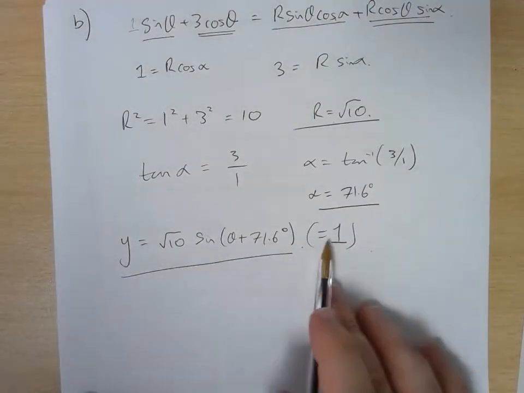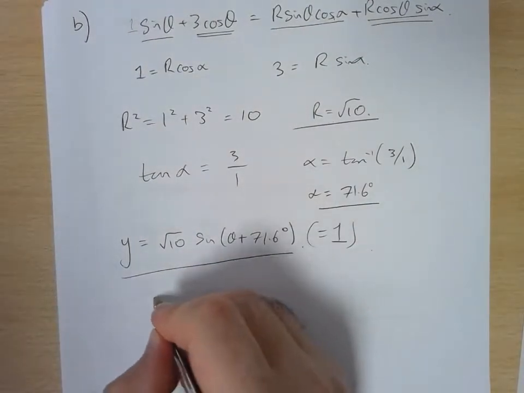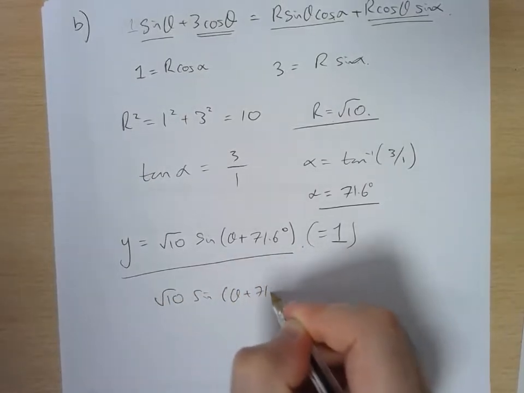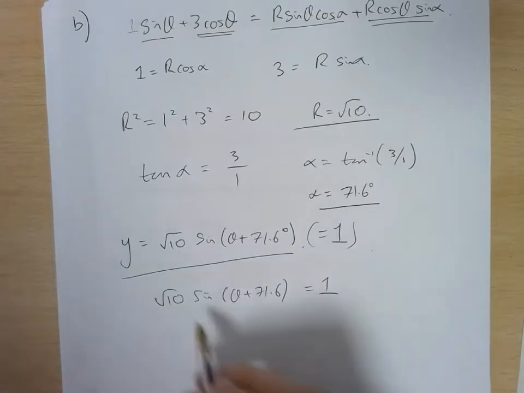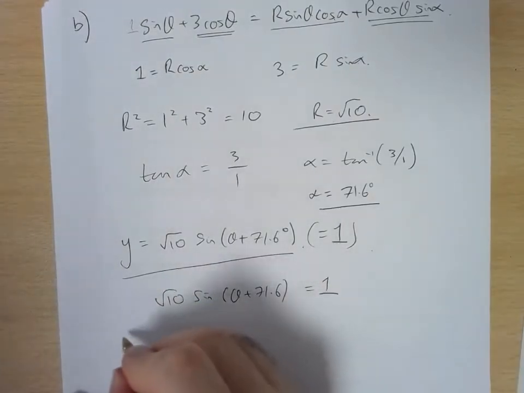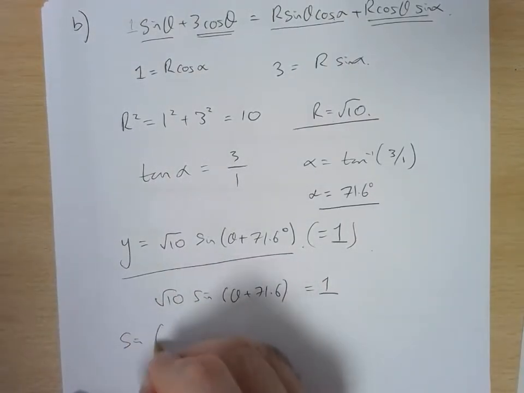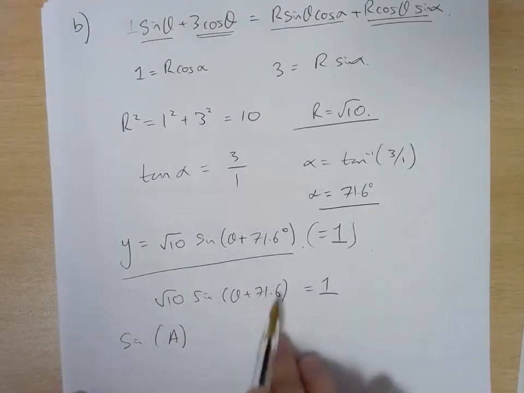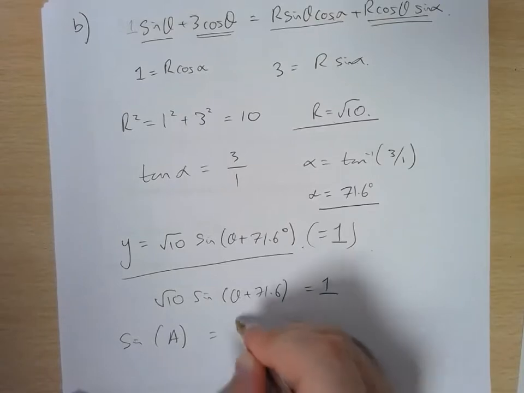So sticking these in here, we get root 10 sine theta plus 71.6 equals 1. We're going to divide by the root 10. So we get sine, I'm going to call this A, just making a replacement here, is 1 over root 10.